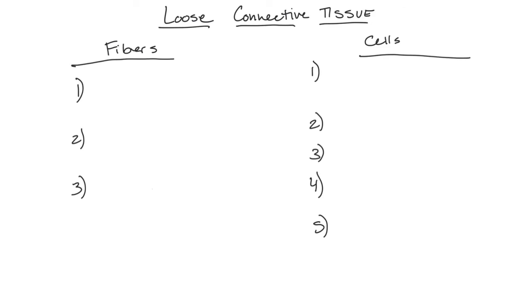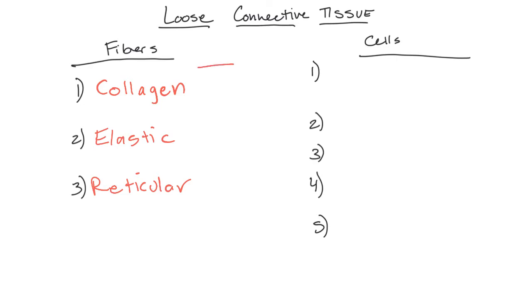Start with loose connective tissue. And there are cells and fibers found in different abundance in different types of connective tissue and loose connective tissue. The fibers, there's three types. There's collagen, elastic, and reticular. Okay, and you may remember some of these from lab, right?